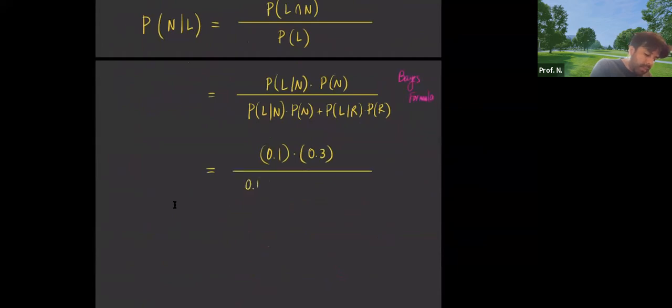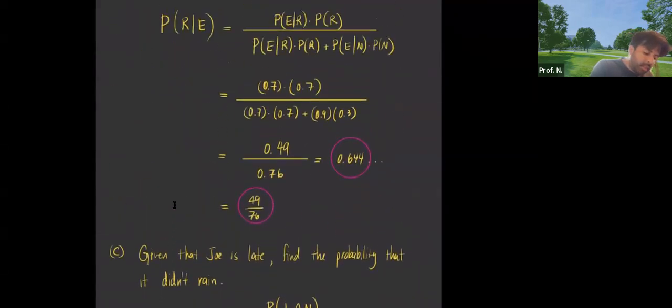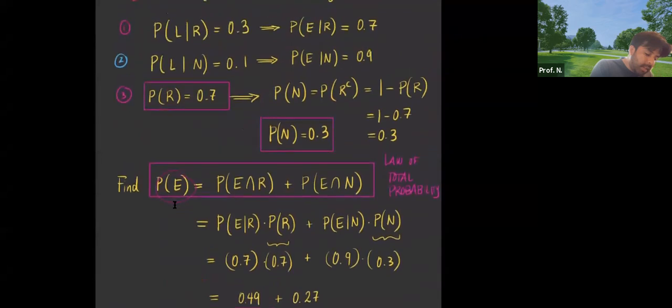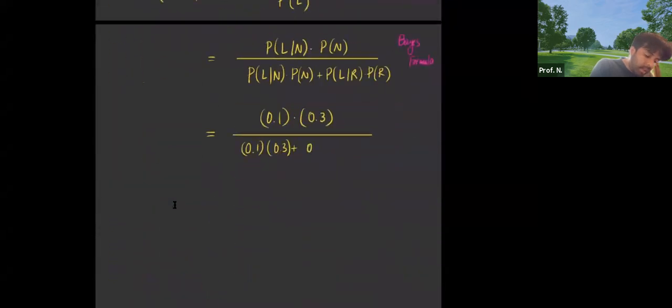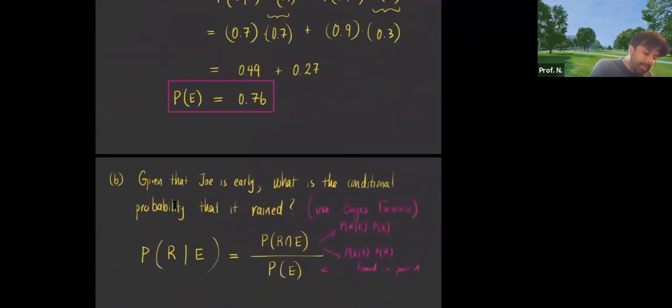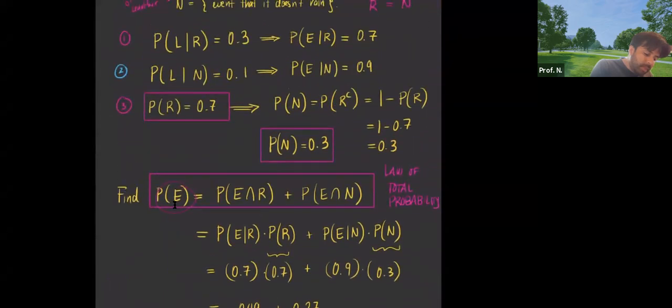Then I got this here again, probability he's late given that it doesn't rain, times the probability that it doesn't rain, plus the probability that he's late given that it rains, which is exactly 0.3. Probability that it does rain is 0.7.